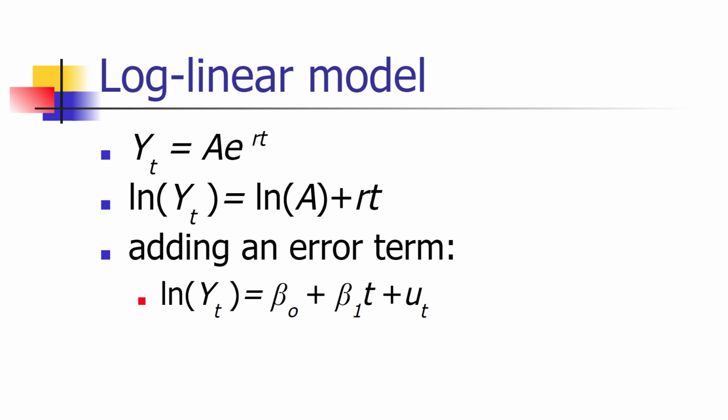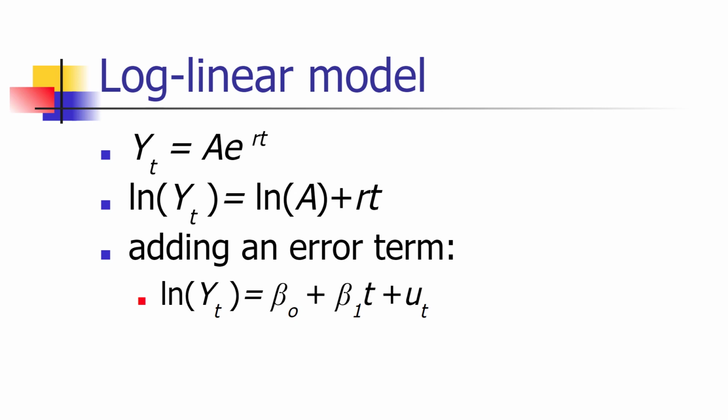So if you want to estimate the rate of growth of something that's growing over time, you would simply estimate an equation where you have the log of that variable as a dependent variable, you'd have a constant term, and you'd include what's called a simple time trend, where the time trend would equal 1 in the first period, 2 in the second period, 3 in the third period, and so forth for all of your observations.